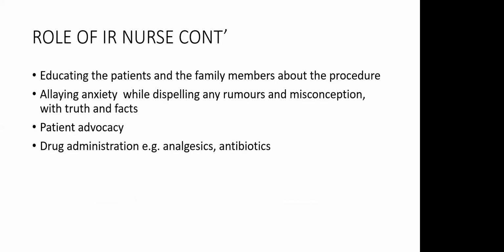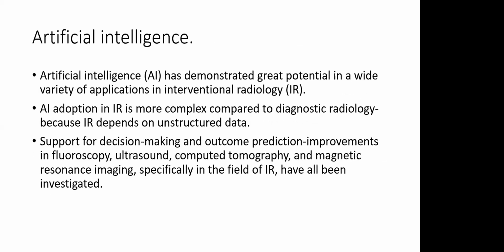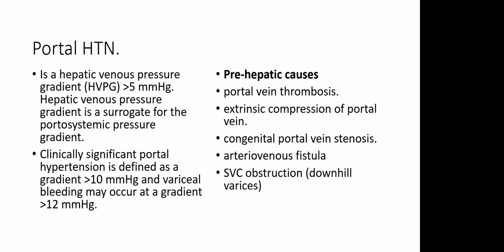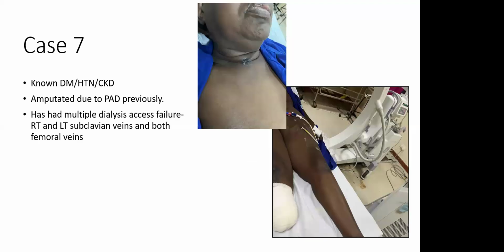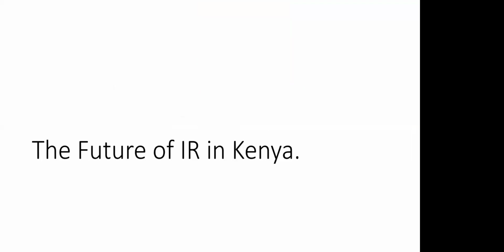Using image guidance, we are able to find an access for her. We are able to balloon the vessels that are stenosed from previous access sites, and insert a dialysis catheter and allow her to continue care.